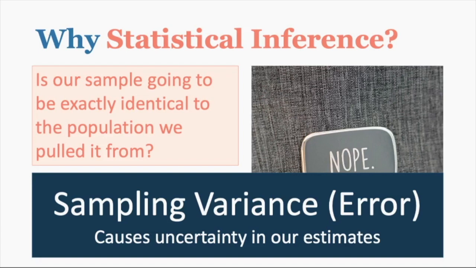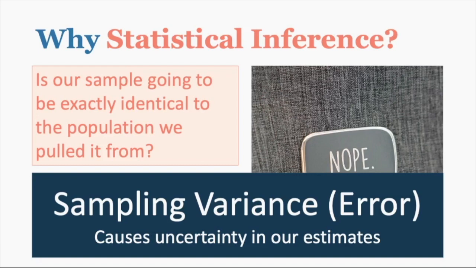We're hoping that it's close, but we can't guarantee that because we don't have the information from the whole population. So that causes some uncertainty in our estimates. All these coefficients that we've talked about so far are an estimate of what the population relationship would look like.